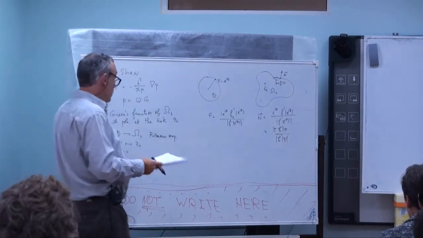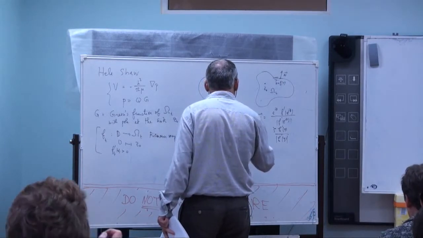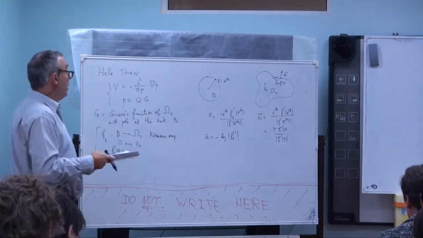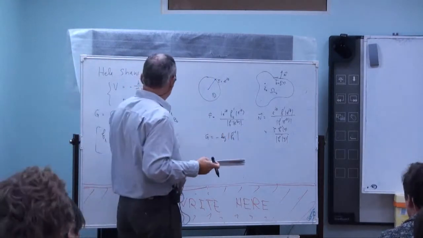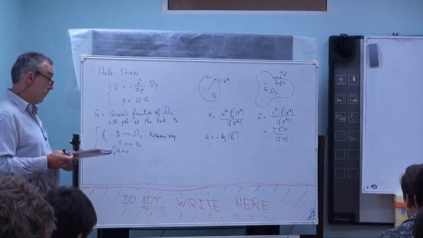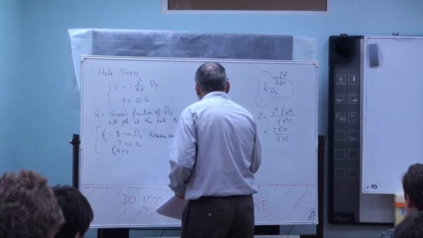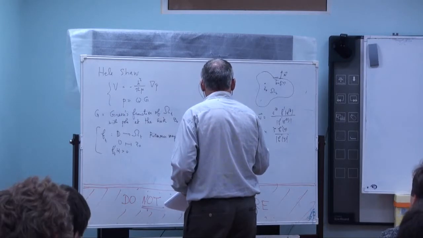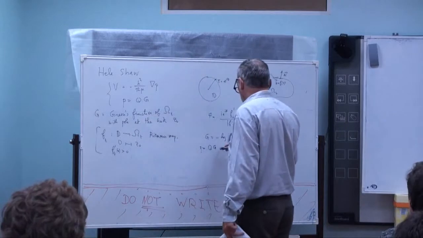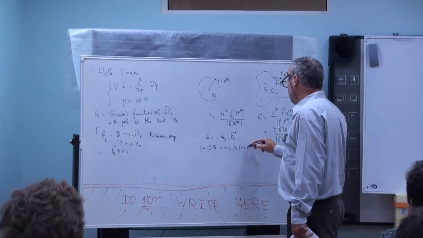Now G, what is G? G, of course, is minus log of the modulus of f t inverse. So this makes a pole exactly at the sink, and it is 0 on the boundary, and it is positive. Now P, the pressure, is Q times G. So let's call this U, the real part of U plus iV.